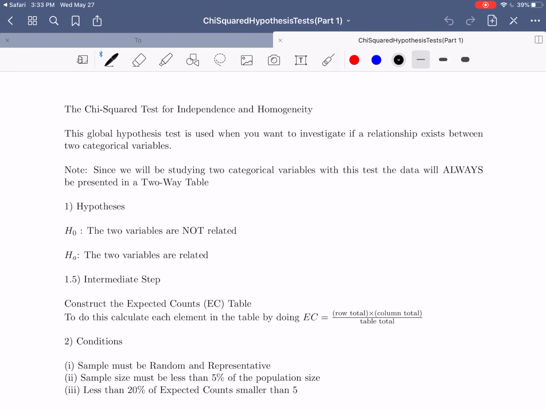The chi-square test for independence and homogeneity is used when you want to investigate if a relationship exists between two categorical variables. So the first thing that we want to keep in mind here is that this hypothesis test is used to investigate for a relationship between two categorical variables.